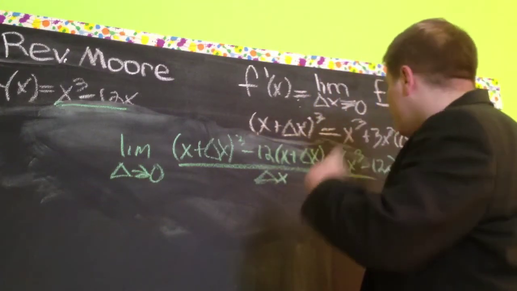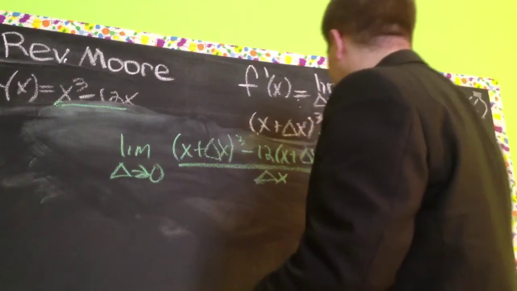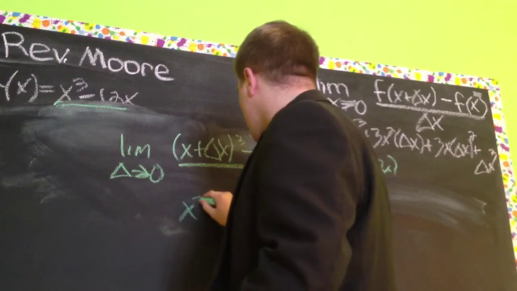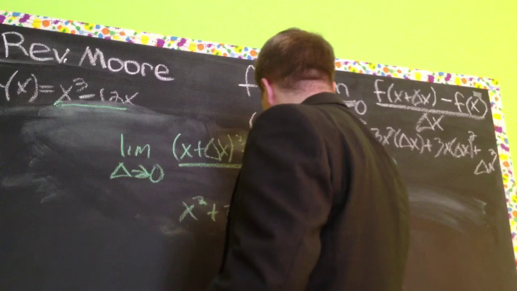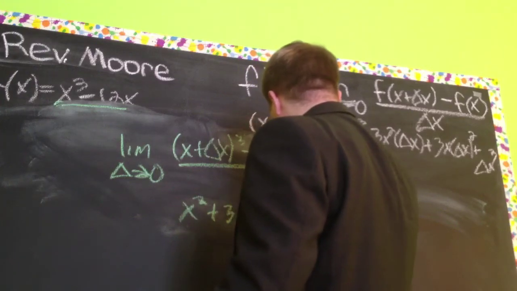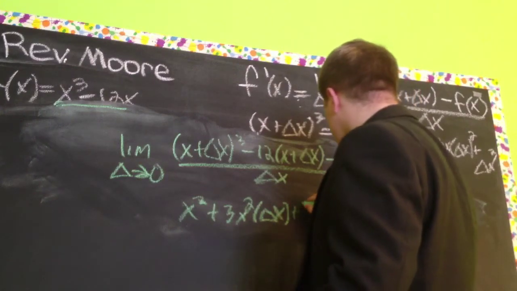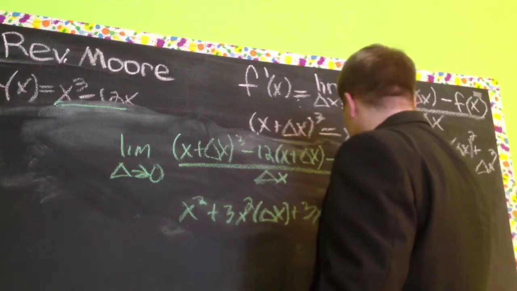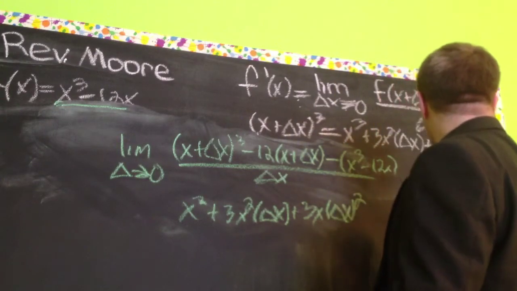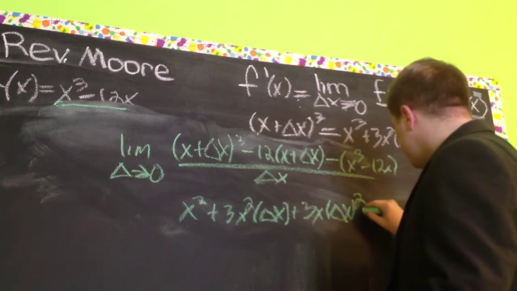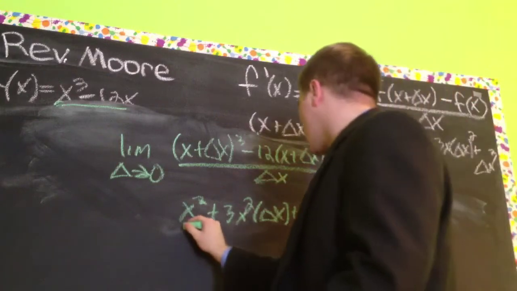Now what I did here is I already wrote out the answer to x plus delta x cubed. So it is x cubed plus 3x squared times delta x plus 3x times delta x squared plus delta x cubed, and divide that all.